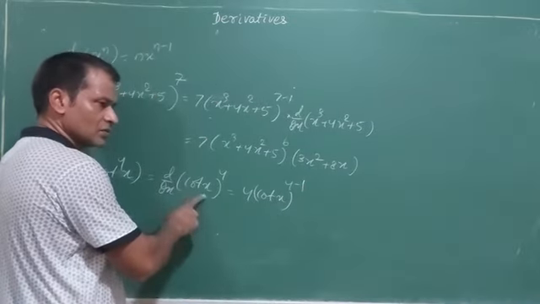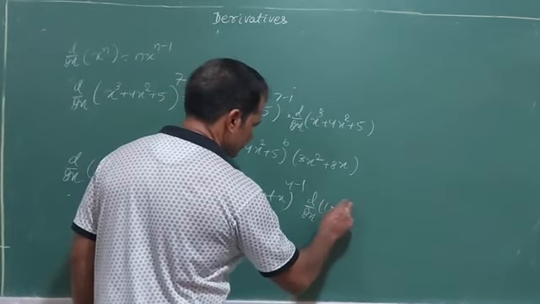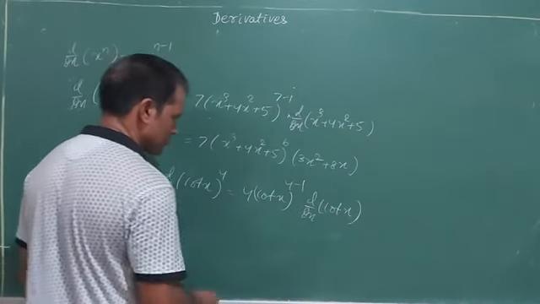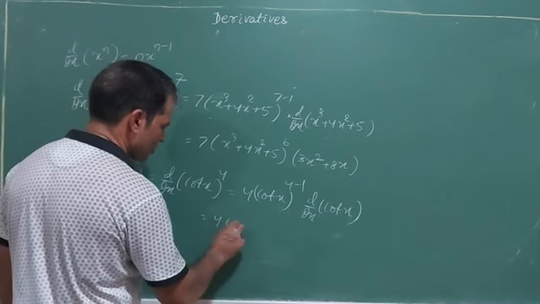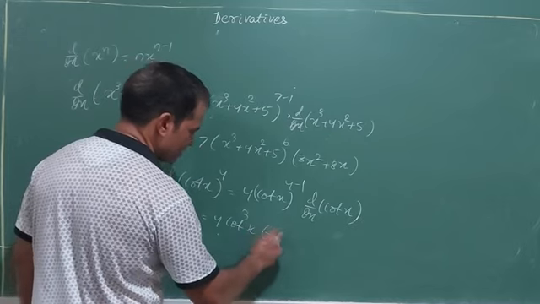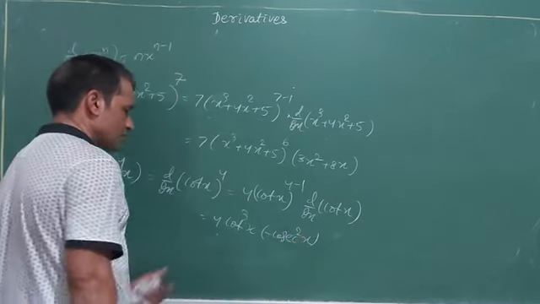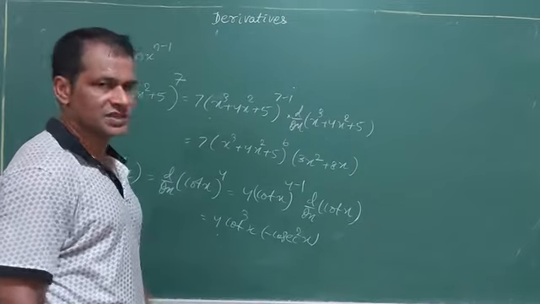Is it x? No. Into d by dx of cot x. The answer will be 4 cot cube x into the derivative of cot x, which is minus cosec square x. Write down properly: minus 4 cot cube x into cosec square x.